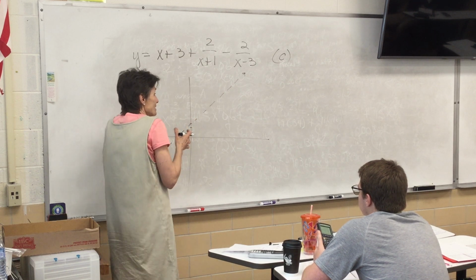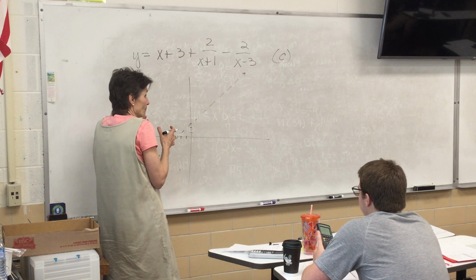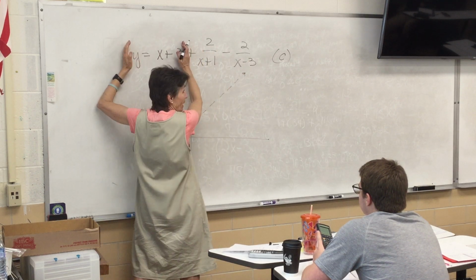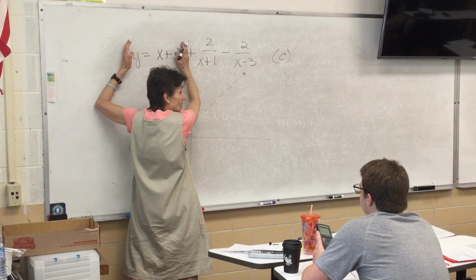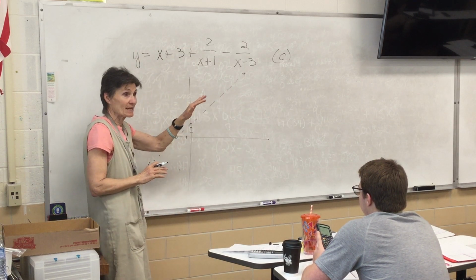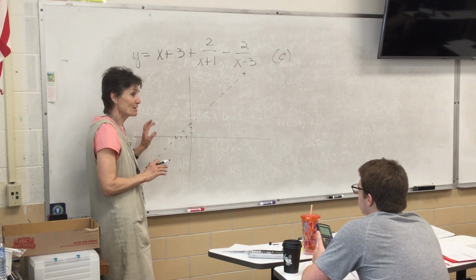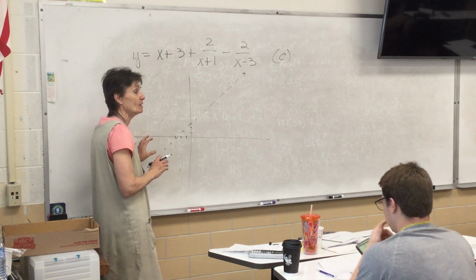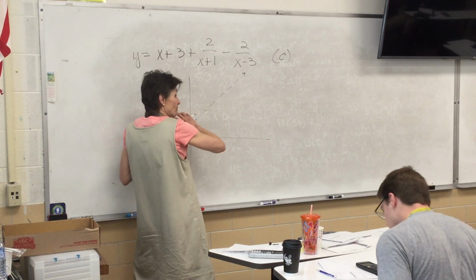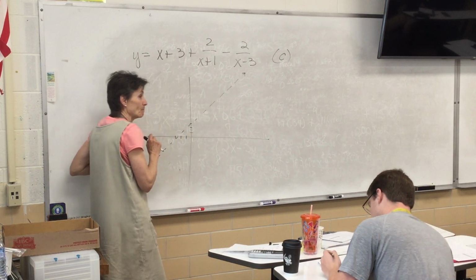So when x is a big number, this part of the problem isn't really involved, and this is all I basically have. So this is my end behavior asymptote. Remember we talked about slant asymptotes before? This is your end behavior asymptote. So the curve, as it goes off the page, should be going at kind of a slant.